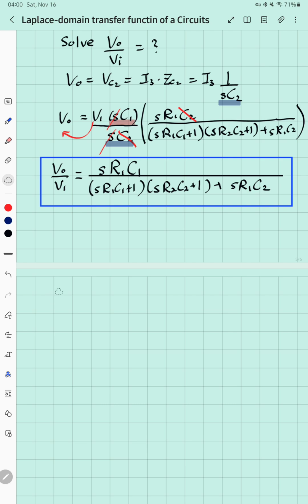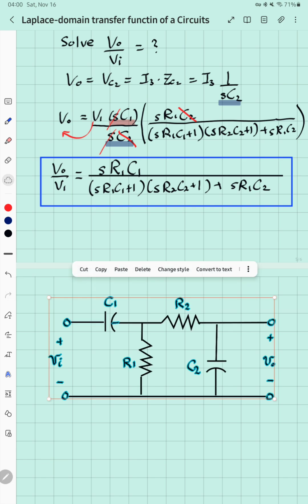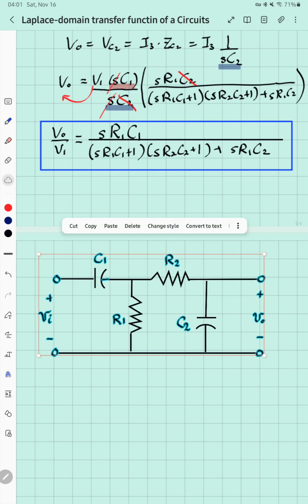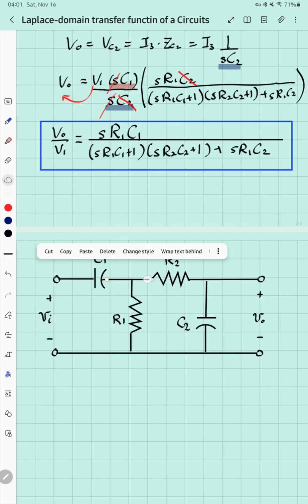Now this is the second part of the problem, part B. So this was your original drawing. Now I'm going to move it out of the way.